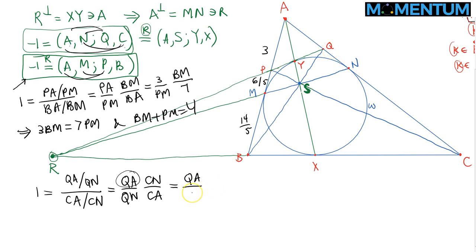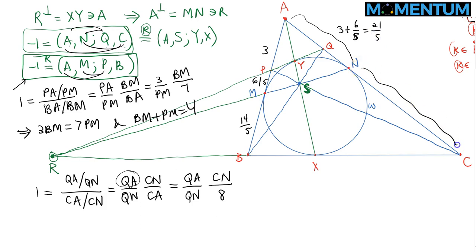So let's just keep it for now. QN over, so this one is CN over CA is 8, right? Does that make sense? But because AN is 3 plus 6 over 5, this one is also 3 plus 6 over 5, which is 21 over 5, right? Does that make sense?